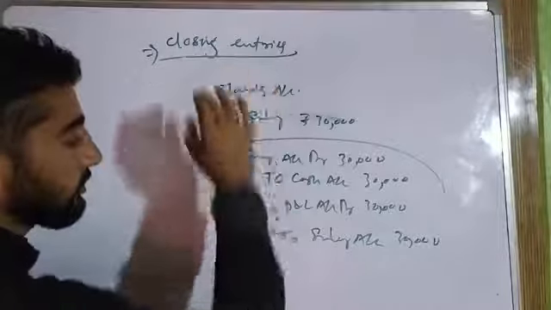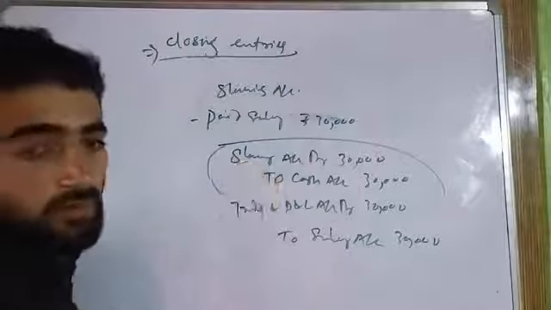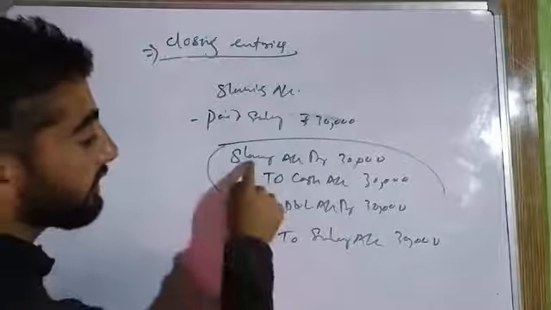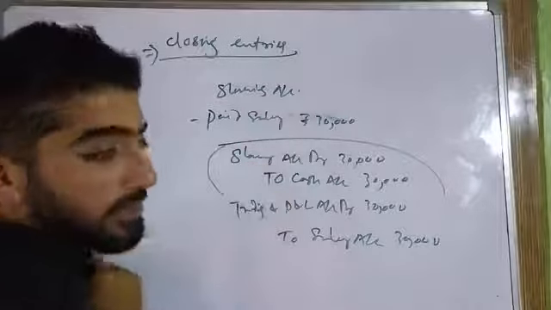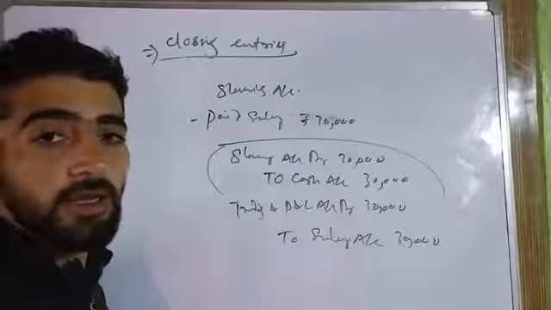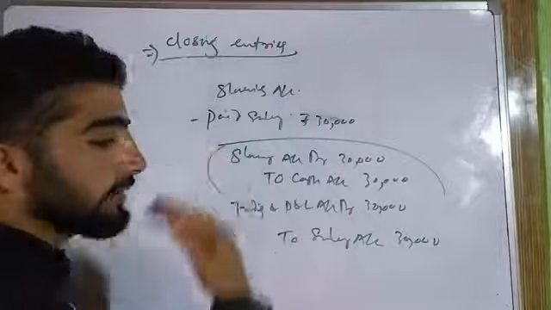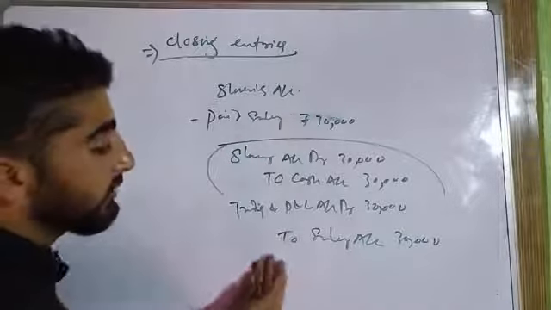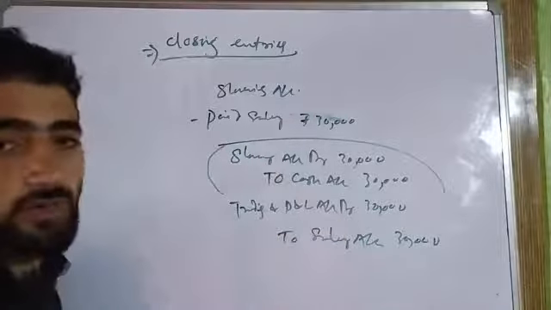In order to do the closing entry, we will have to close this salary account. Earlier when we recorded this salary account in the journal, or in the ledger, we gave debit to it. Now in order to close it, we will have to give it the opposite so that the account is closed.